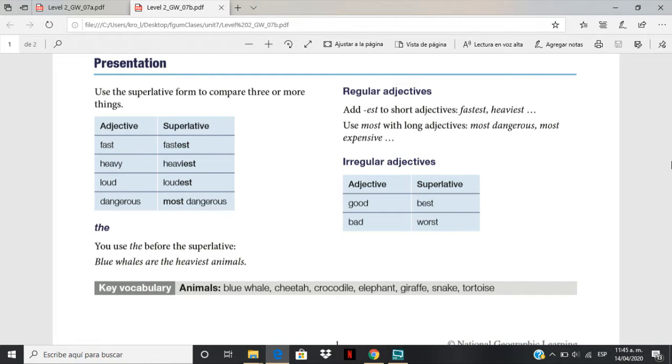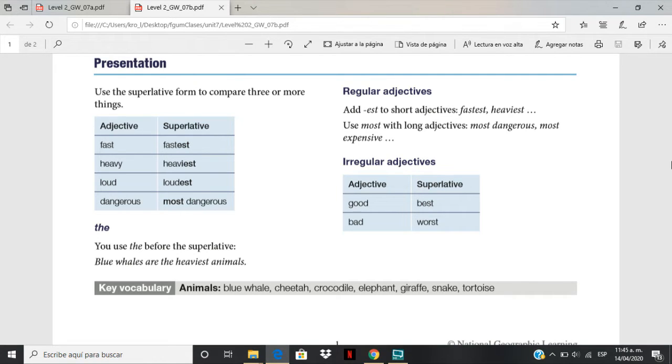And we are basically going to add the same rule about syllables we use for comparative. Yes. But now we are adding the other ending. Yes. Fast, heavy, loud, dangerous. What's the superlative form? Fastest, heaviest, loudest, most dangerous.